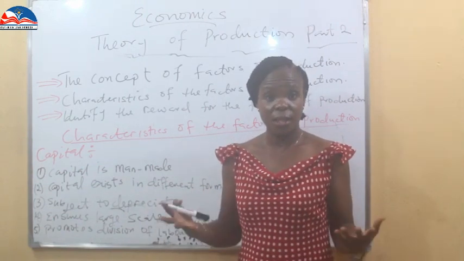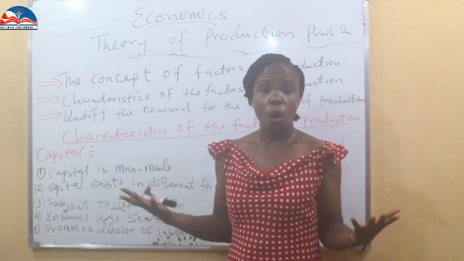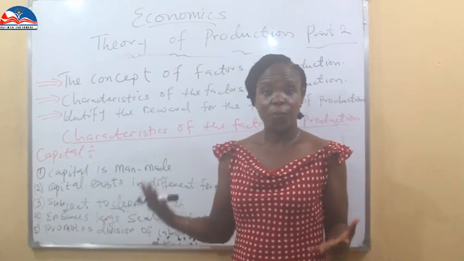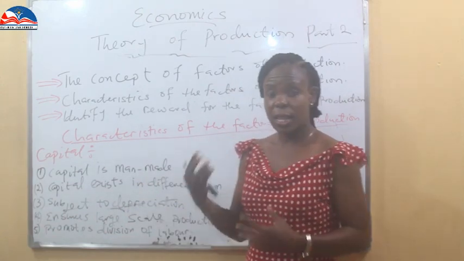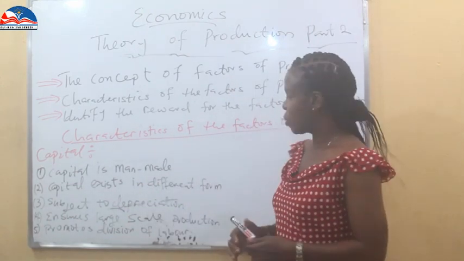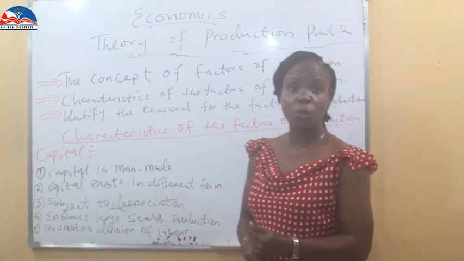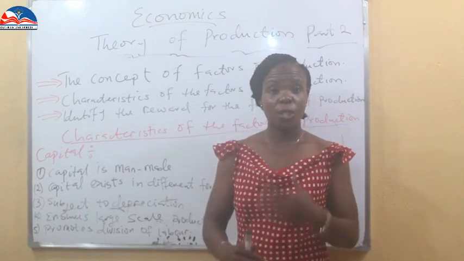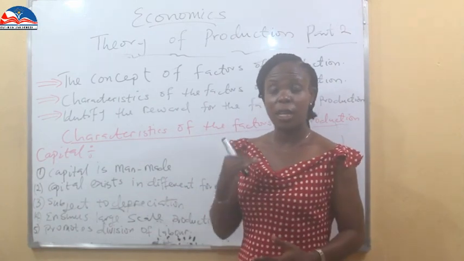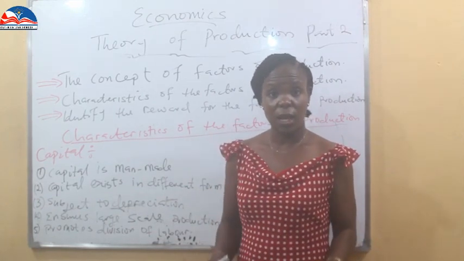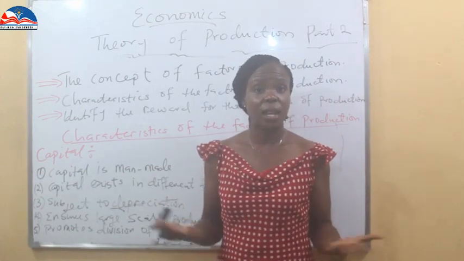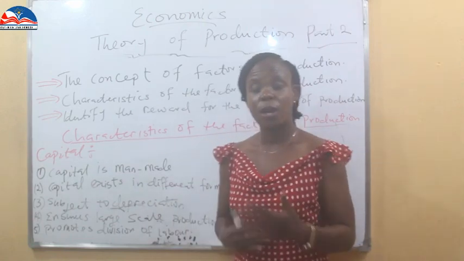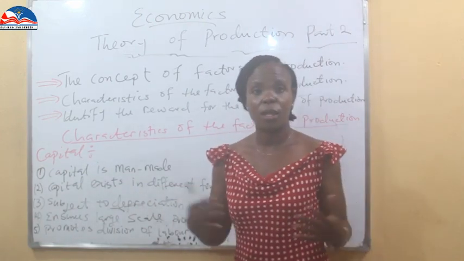It can be in assets, fixed assets, current assets, machineries, and the rest of them that can come in different forms. Subject to depreciation. You have machines. If you have a machine you're using to work, after some years they will start malfunctioning. Their lifespan starts going down. Their efficiency starts decreasing. Depreciation. It depreciates after much usage.